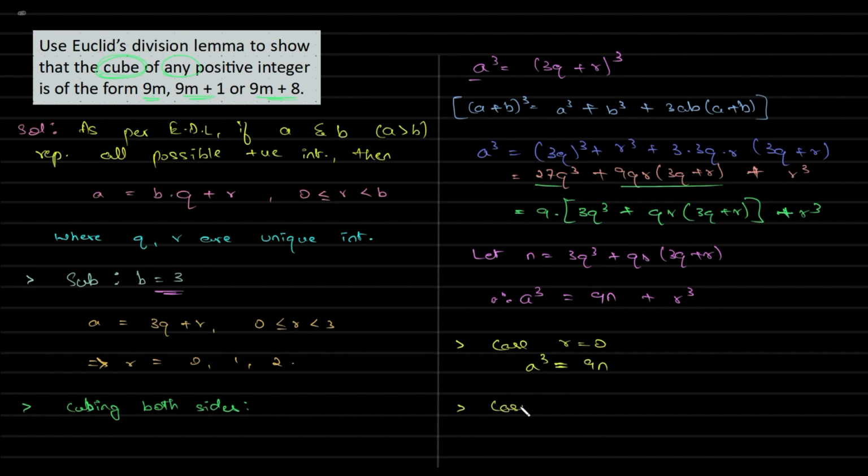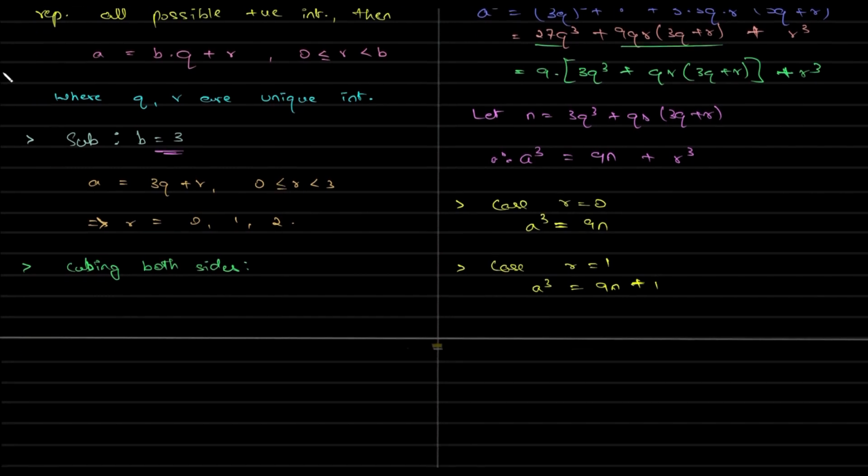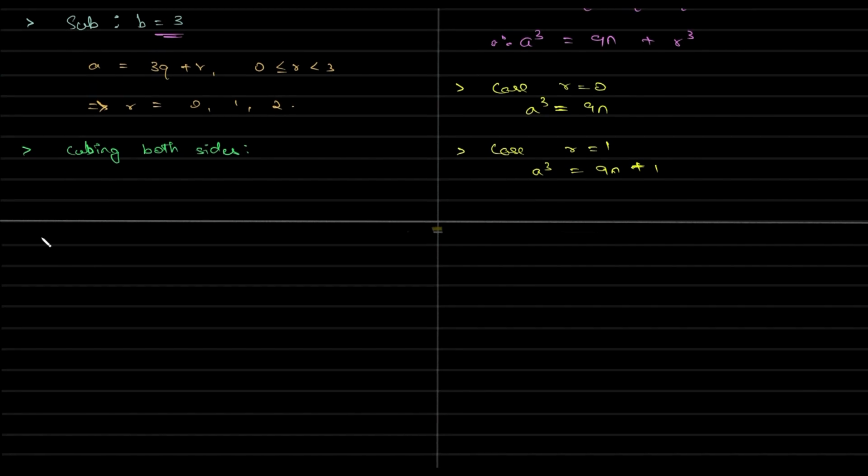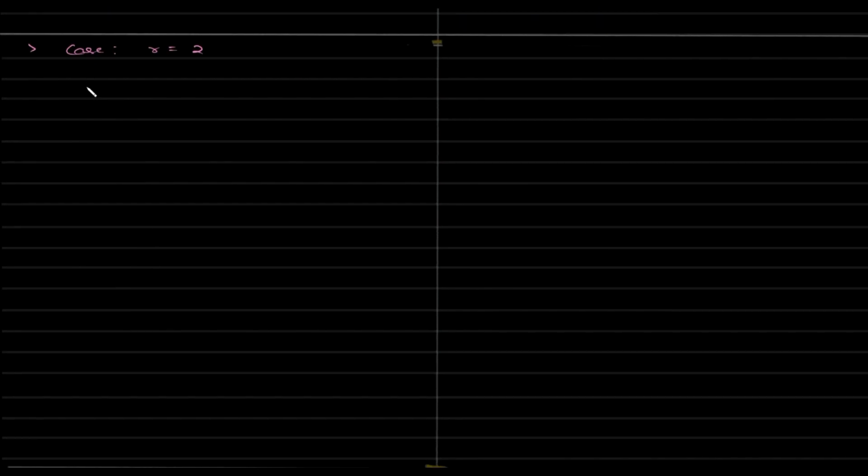Case when the remainder is 1, a cube is equal to 9n plus 1 the whole cube, which is 1 itself. That pattern is also valid. And we have the case when r is equal to 2. So here you get a bit weird.